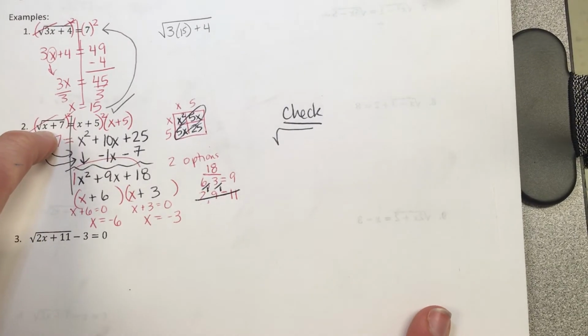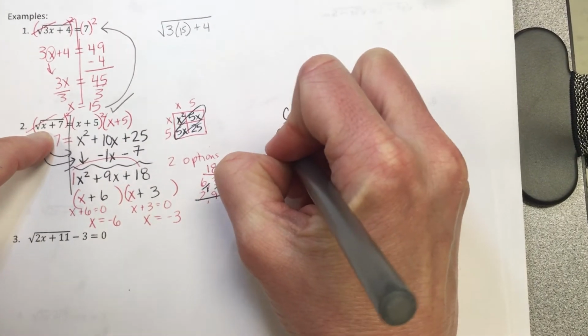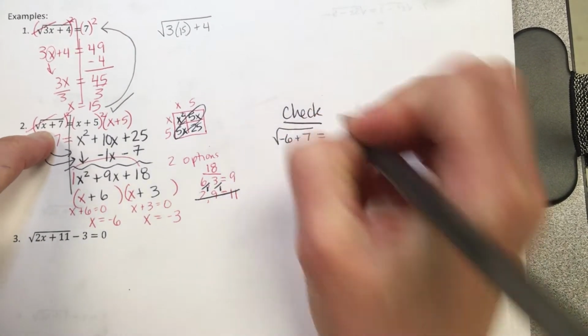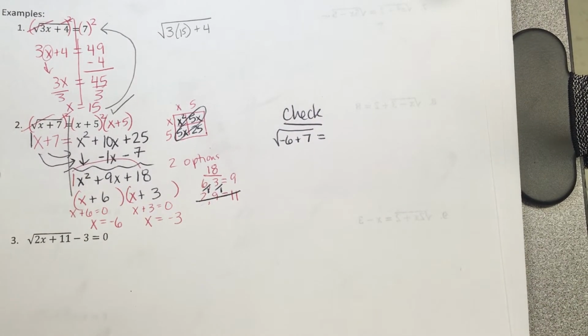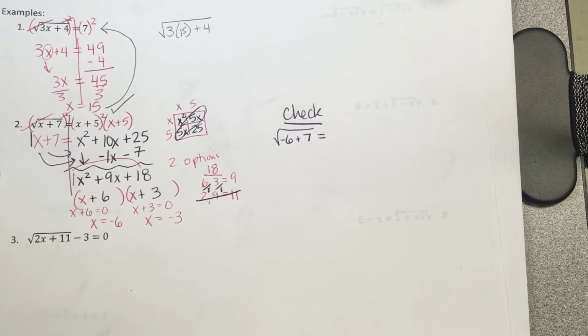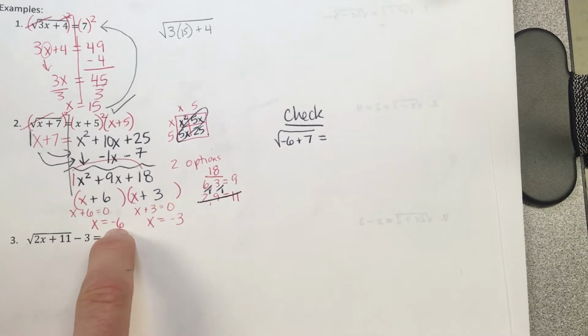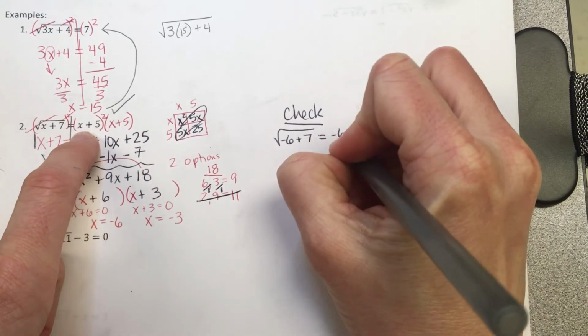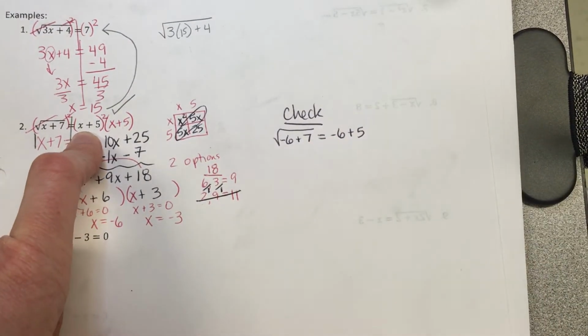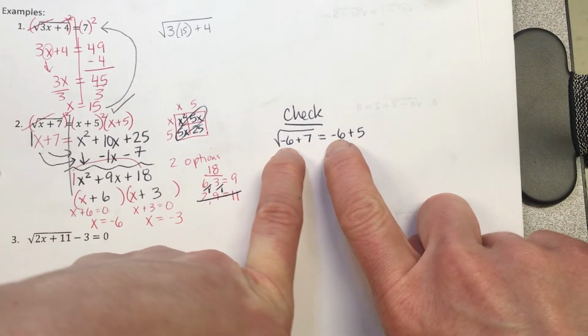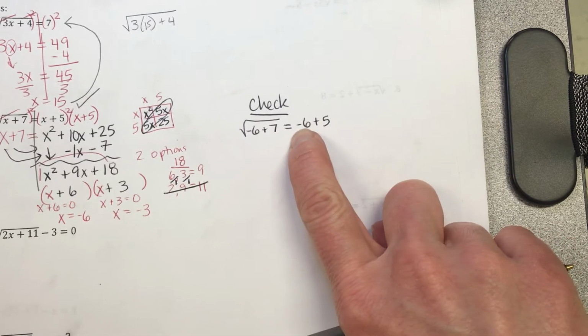So instead of putting x, what am I putting in? But guys, this one has an x on the other side as well. You're not putting in negative 3. We're not working with negative 3 yet. You're still going to plug in the negative 6. So negative 6 plus 5. So plug negative 6 into both spots and let's see what we get.